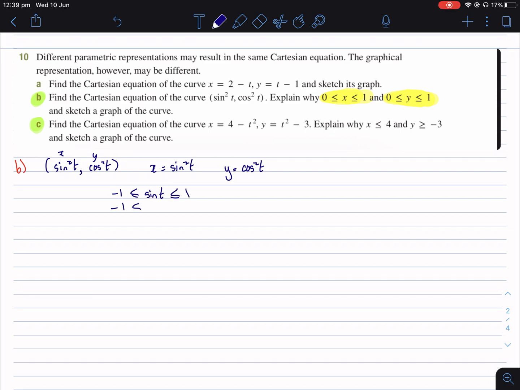Same with cos. Because if we're on the unit circle, it tops out at 1, -1, 1, -1. Which means if we square them, we're now always going to have positive. It's never going to come out negative. So it's now between 0 and 1.